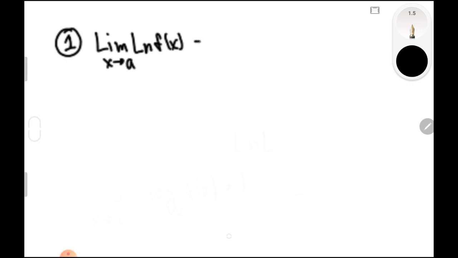We may say that the limit of ln of f of x as x approaches a is equal to ln of L, meaning we can use the limit as ln of the limit of f of x. So, pwede mo lang ipasok yung limit sa ln natin. Okay? So, therefore, we'll have a value of L.